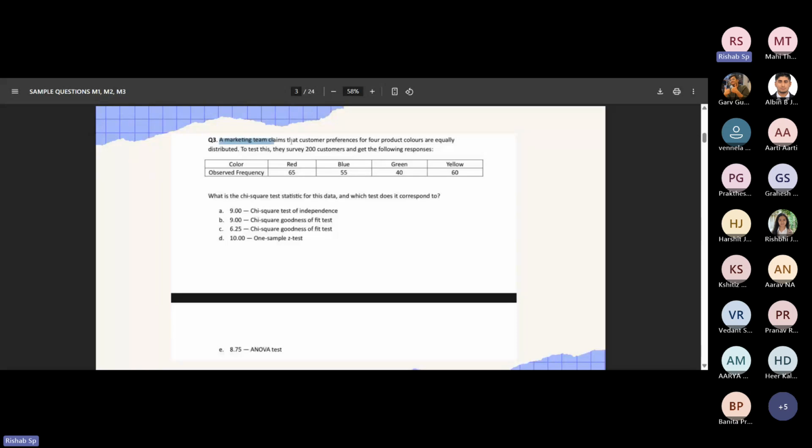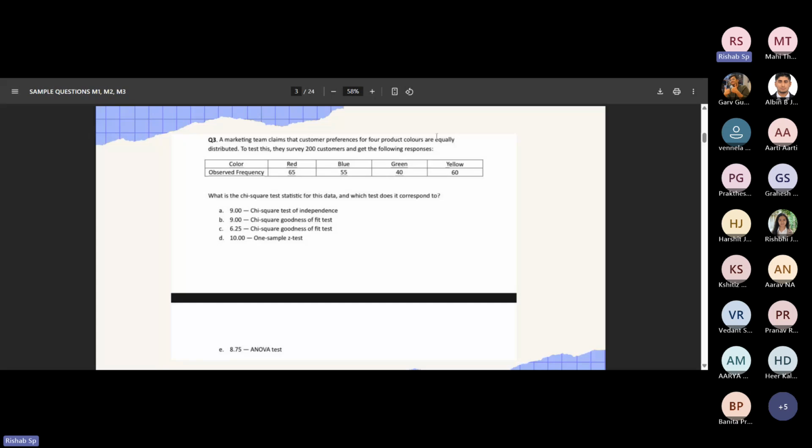The question is, a marketing team claims that customer preference for four products are equally distributed. They claim that the data is equally distributed. So we will revise once again. For what do we use the chi-square test of independence? To test whether two samples are independent. We use the goodness of fit test to test whether the data is distributed as said.